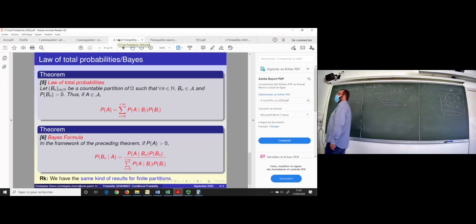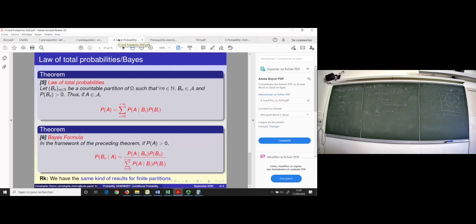So since P is a probability, and since I have here a sequence of pairwise disjoint sets, P of A is equal to the sum from i equal to 0 to plus infinity of the probability of A intersected with Bi. I have this one. Okay? But in fact, it's finished now, if you have this.